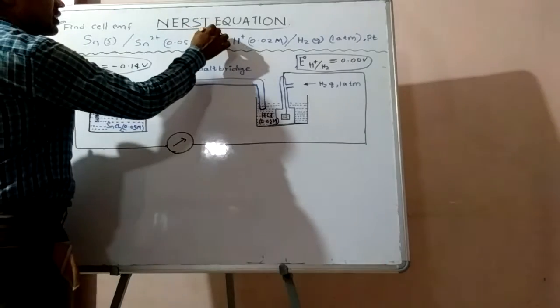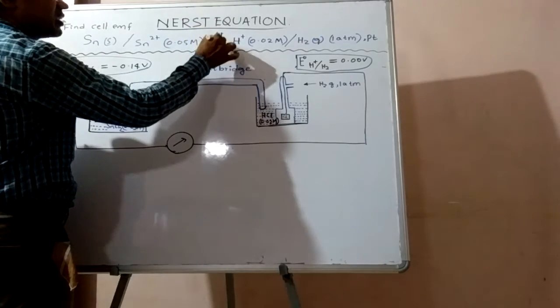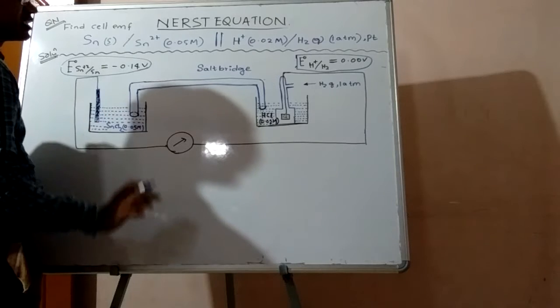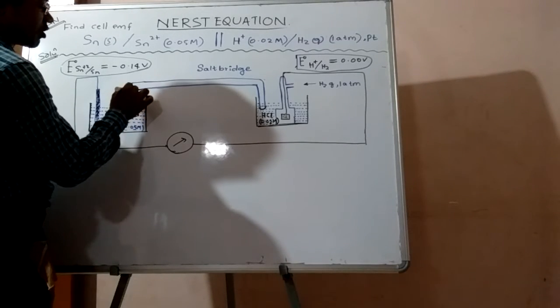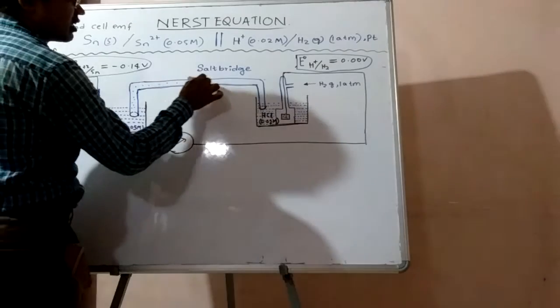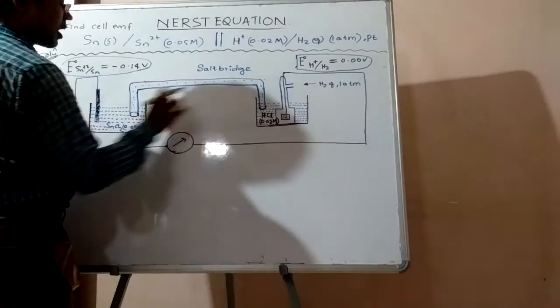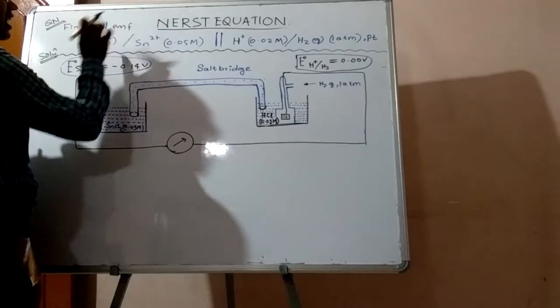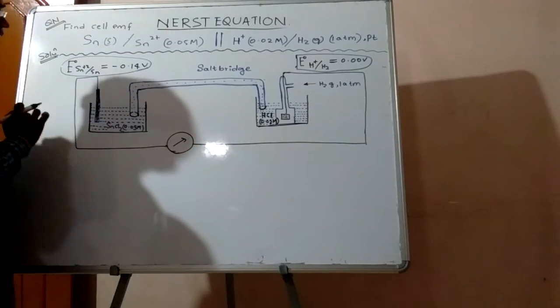This is the middle position of the cell representation. This denotes the salt bridge in a galvanic cell, which may contain some electrolytes and connects the two half cells. The left hand side of the cell expression represents the oxidation half cell.